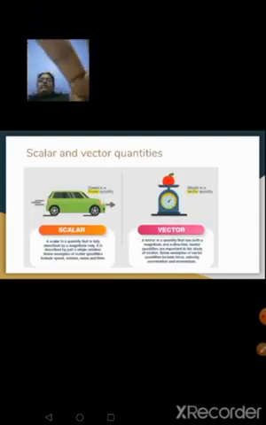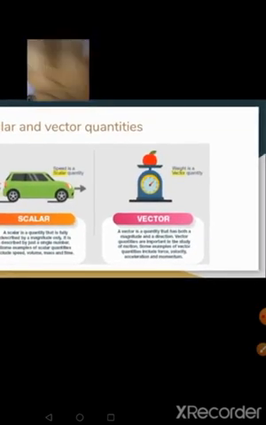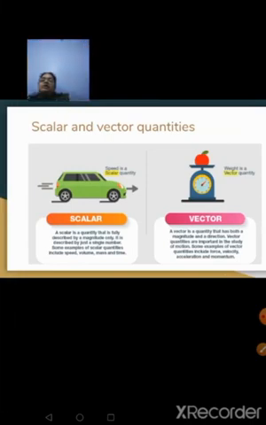I told you we'll have a brief discussion about scalar and vector quantity. See, a scalar quantity is one that is fully described by the magnitude only. That means it will talk only about the number. It is described by just a single number.